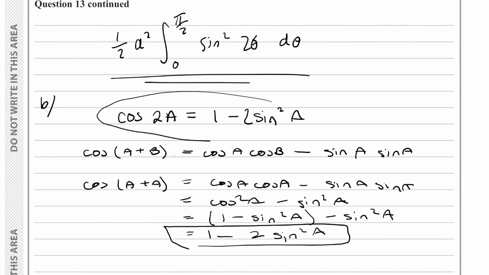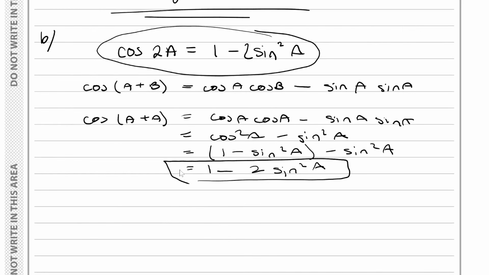So writing that the other way round, how can I write sine squared a? So plus the 2 sine squared a to both sides. I write theta. And take away cos 2a from both sides. Again, cos 2 theta. And then half both sides.